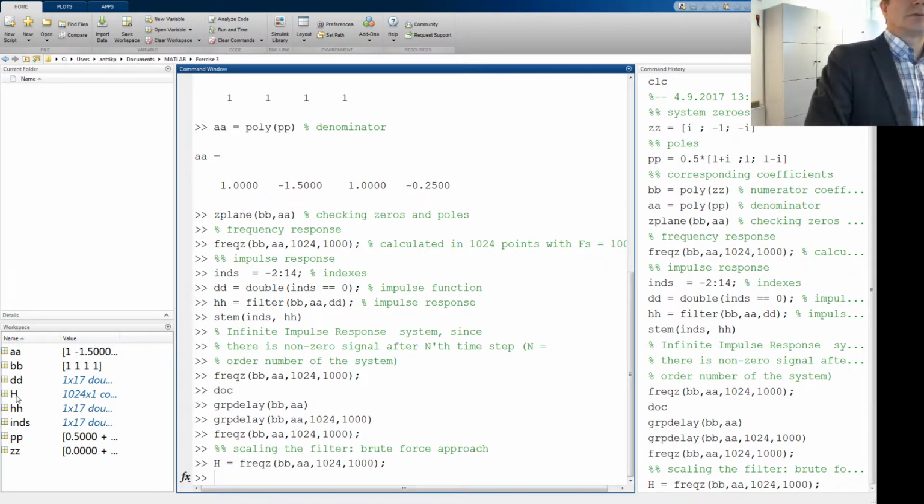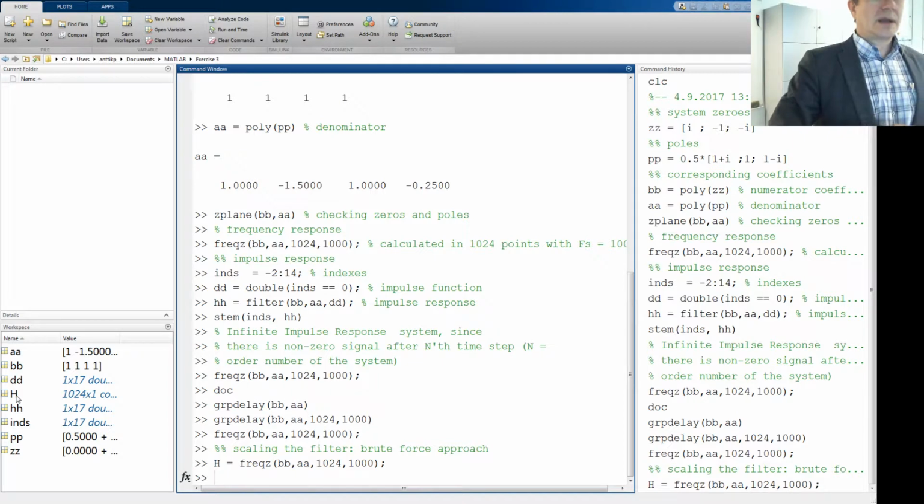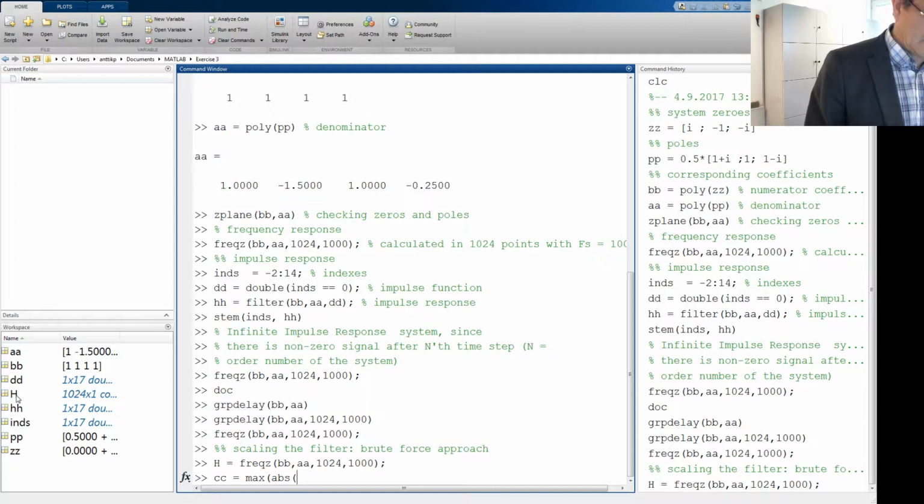Yeah, that's good. Now I could separately plot the amplitude response and the phase response, or I could just do the brute calculations: the maximum of the absolute value of the amplitude response calculated in 1024 points.